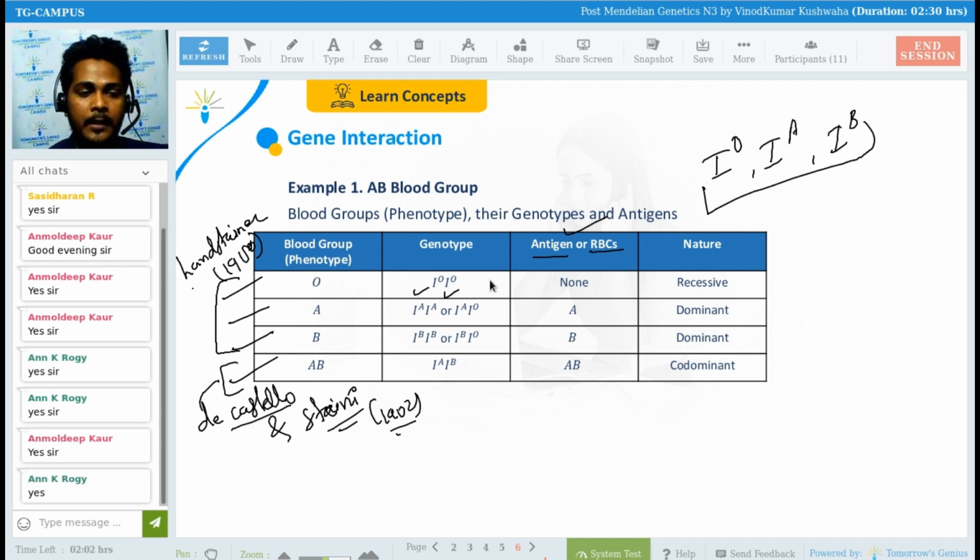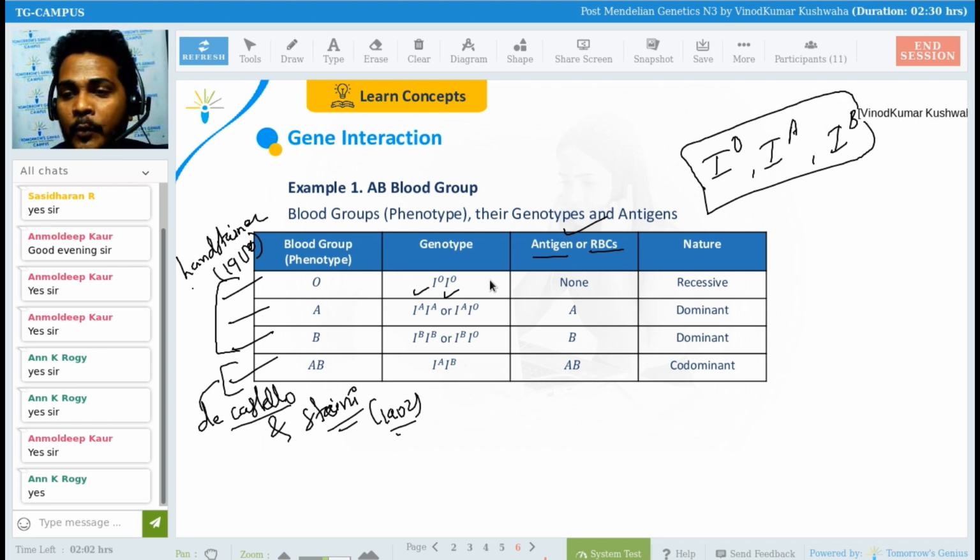Now what happened? Both alleles IA and IB are dominant to the allele IO, right? That means out of these three, two are always dominant.